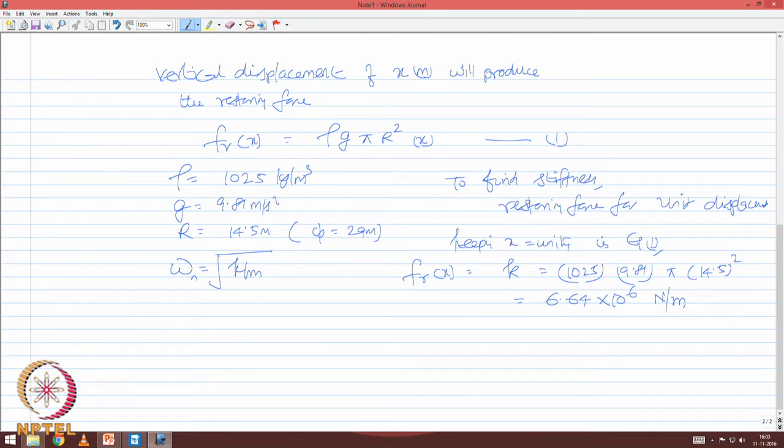So, now I have the value of stiffness, which is given by this value of 6.64 10 power 6 Newton per meter.